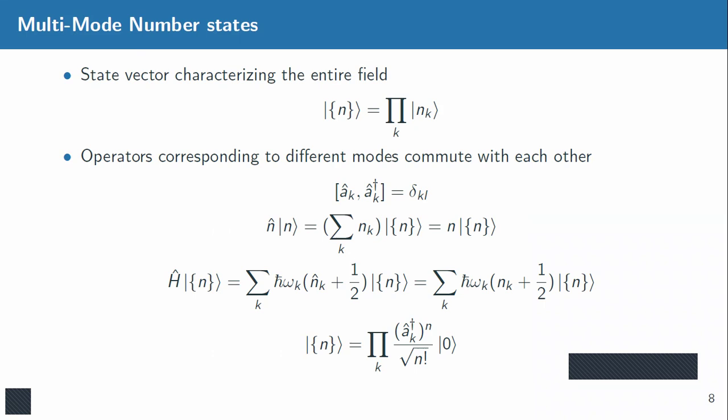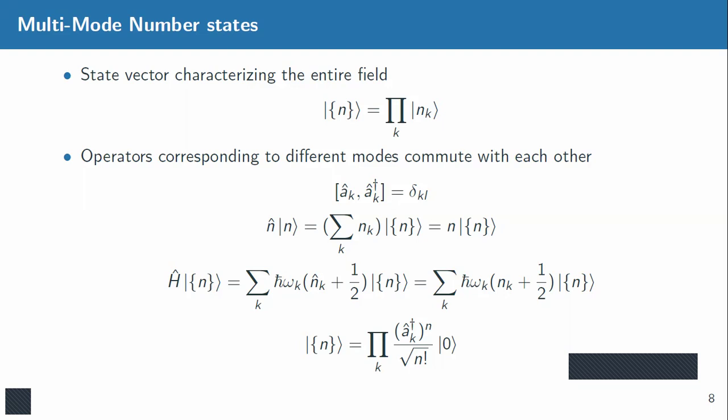We could generalize our single mode formalism of the Fock state to multi-mode Fock states. So we have multi-mode number states, and it is represented by the ket that is the product of the kets of all the different modes, and the annihilation and creation operators associated with the different modes commute with each other.